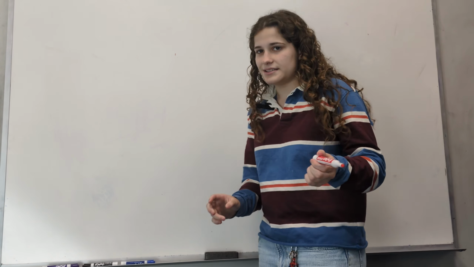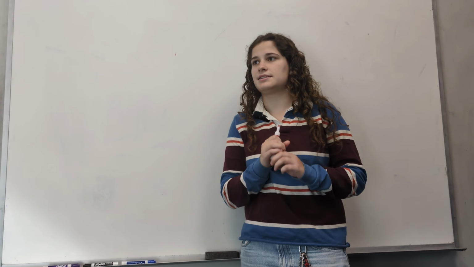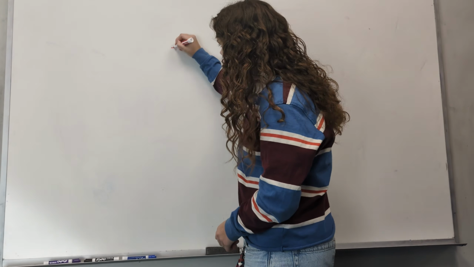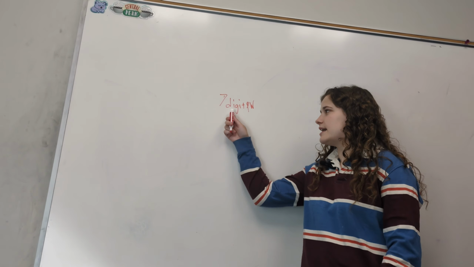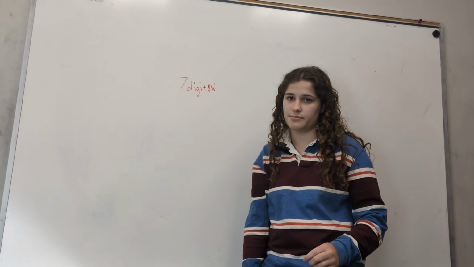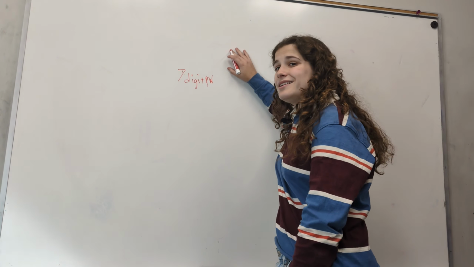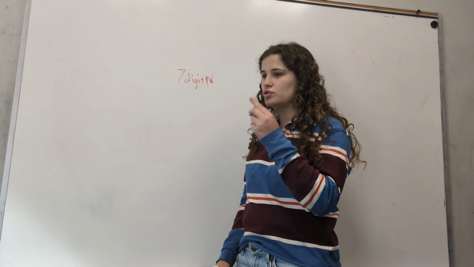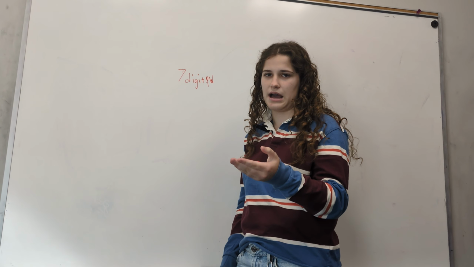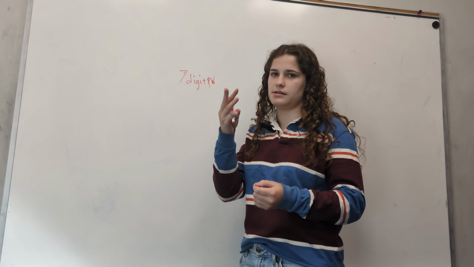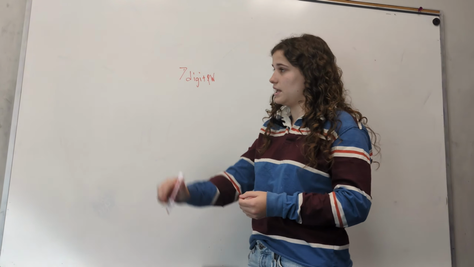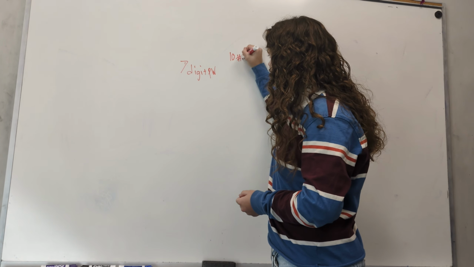All right, so let's say we require a 7-digit password, and that can be a mixture of both letters and numbers. How many numbers do we have? 1, 2, 3, 4, 5, 6, 7, 8, 9, and then 0. So we have 10 numbers to choose from.